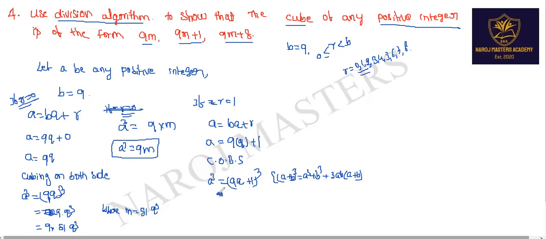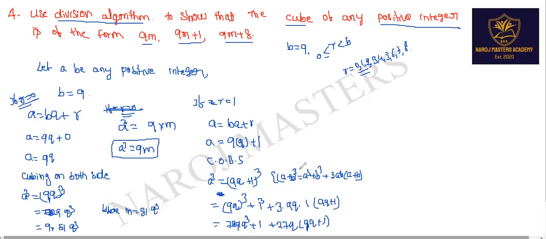So a cube is 9q whole cube plus b cube is 1 cube plus 3 into a is 9q into b is 1 into a plus b, 9q plus 1. Okay. Now substitute here. 9q cube means 729 q cube plus 1 plus 3 into 9 is 27q into 9q plus 1.